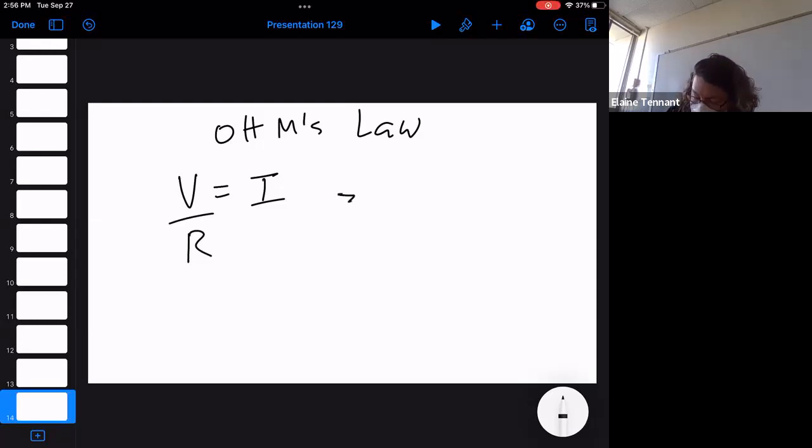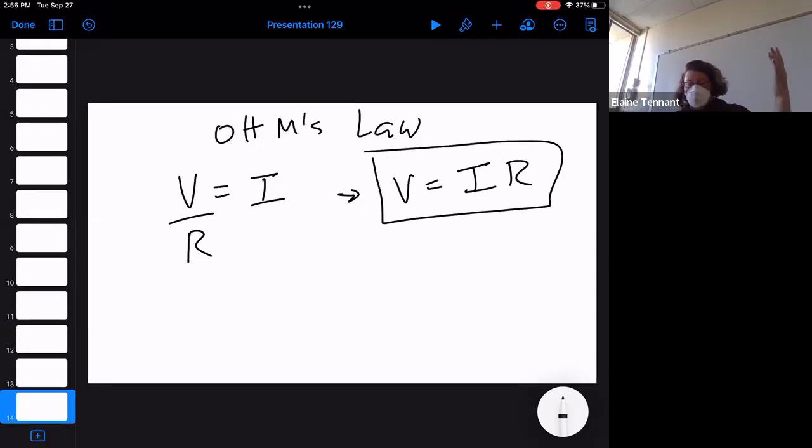And so generally you write this as V equals IR, where the bigger the current, the bigger the voltage. But if you're given a certain amount of voltage, if you increase your resistance, you're going to decrease your current. And if you decrease your resistance, you're going to increase your current. Okay.